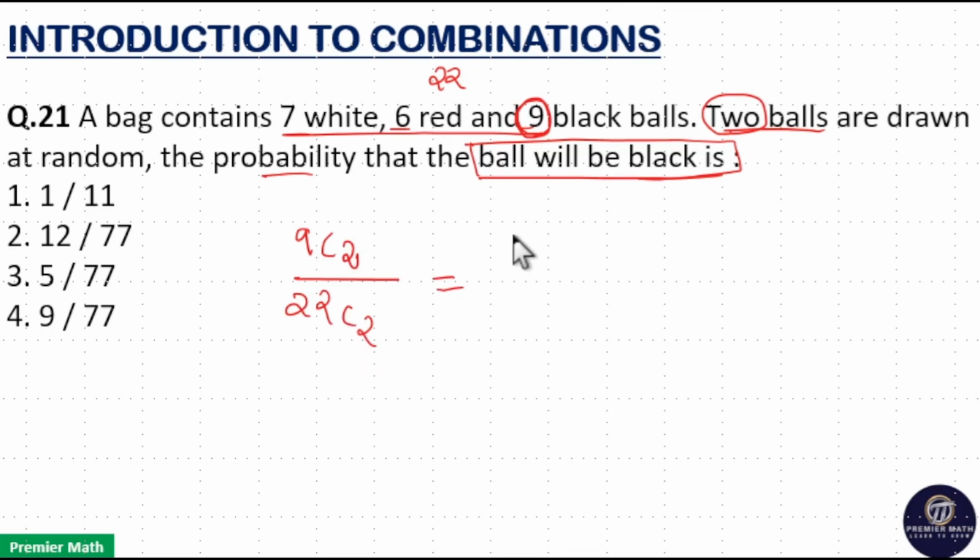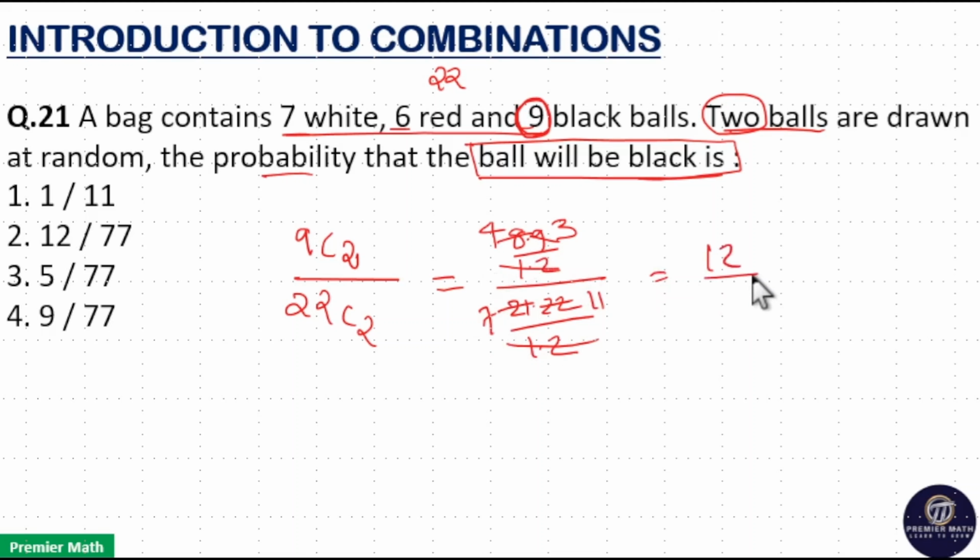Now this is equal to 7 factorial cancel, 8 into 9 by 2 factorial, divided by 20 factorial cancel, 21 into 22 divided by 2 factorial. 2 factorial cancel, and here 3 goes 3 times in 9, 3 goes 7 times in 21. 2 goes 11 times in 22, 2 goes 4 times in 8. So this is 12 by 77. Option 2 is your answer.